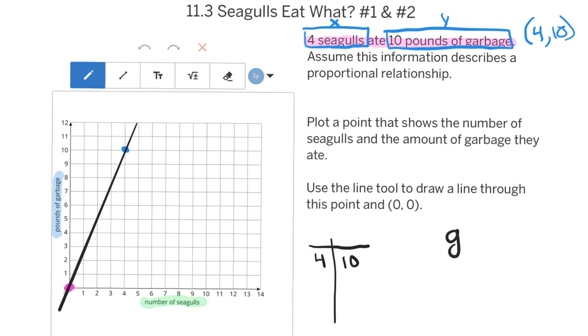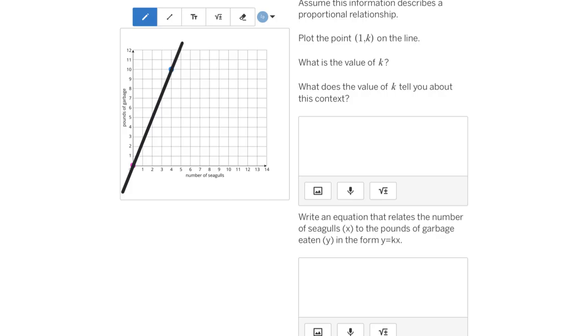We're going to say the garbage is equal to whatever our constant of proportionality is times the number of seagulls. So we can set up an equation or a chart, or we even have the graph. I like the chart. It's going to kind of help us. I'm going to use S for the number of seagulls and G for the pounds of garbage. Okay, that information hopefully will set us up for the next slide. So let's go ahead and go to the next slide.